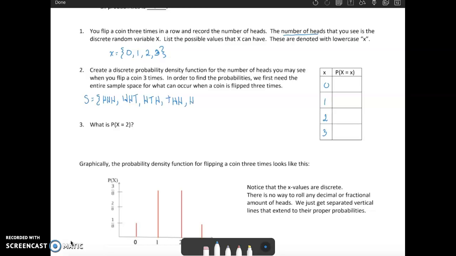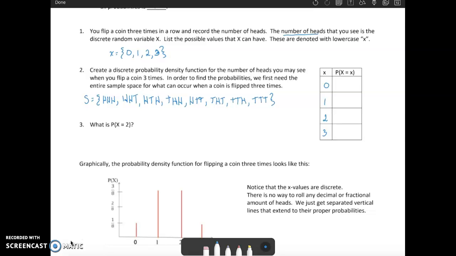That could look like heads, tails, tails. Or it could look like tails, heads, tails. Or it could look like tails, tails, heads. And then the last thing that could happen is we could get all tails. So my sample space has 8 elements in it, 8 outcomes, and now I can finally find the probabilities.